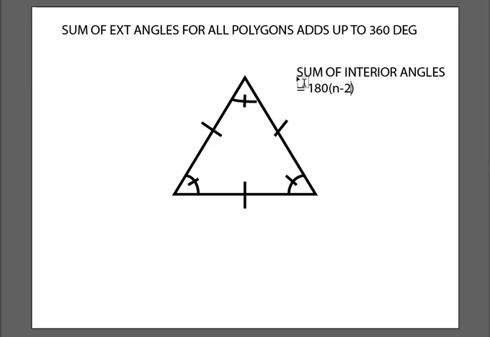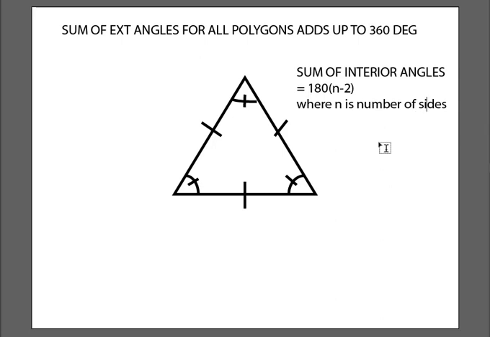And then if you manage to find that, that is the formula for every other polygon. So it's 180 multiplied by n minus 2, where n is the number of sides. Right, that's n.